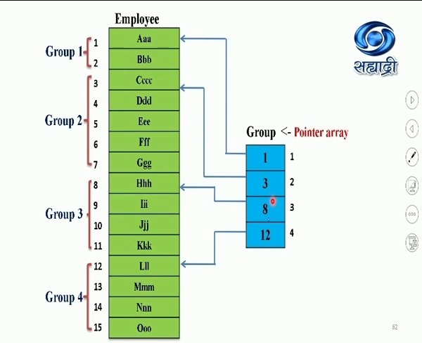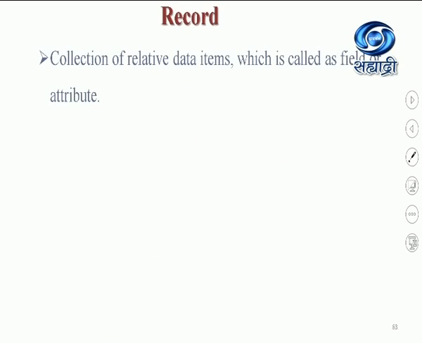Then this value 8 is the address of the first element of group 3, and this is the value which is the address of the first element of group 4. Okay, in this way you can declare a pointer array, with one main array and a second one which is the pointer array. All its elements are pointer variables.